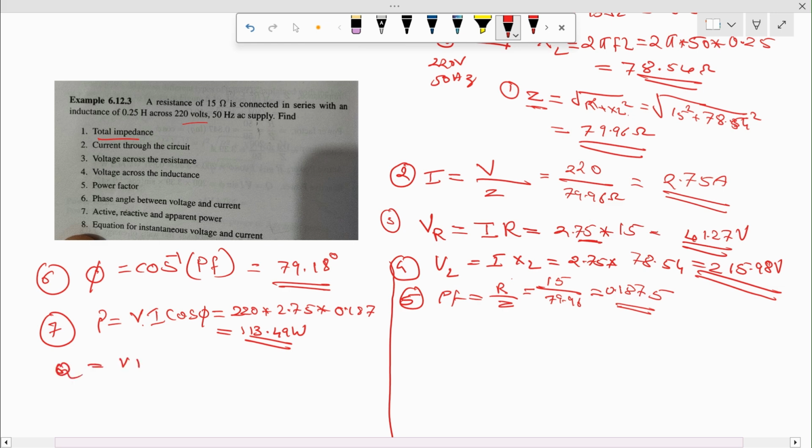Okay, done. So what is the reactive power Q? Reactive power Q is VRMS into IRMS into sin phi. What we have is 220 into 2.75 into sin phi, which is sin of cos inverse of 0.1875.